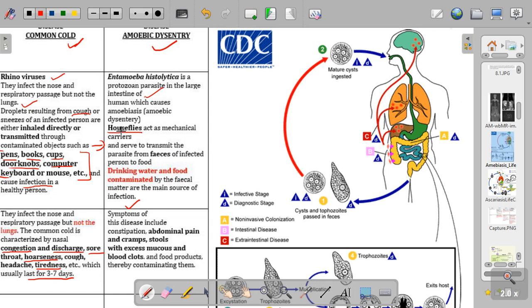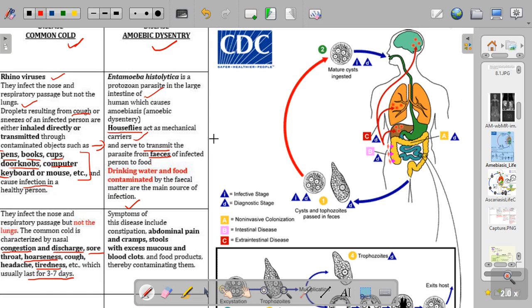Houseflies carrying Entamoeba histolytica can leave that pathogen onto the food. They act as mechanical carriers and transmitters, especially from feces, that is, excreta. Some people excrete outside the toilet, in public places.